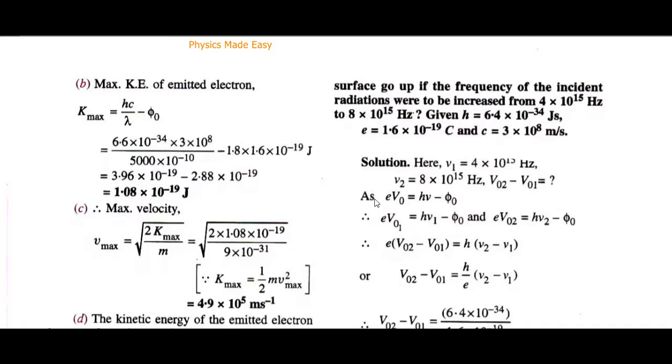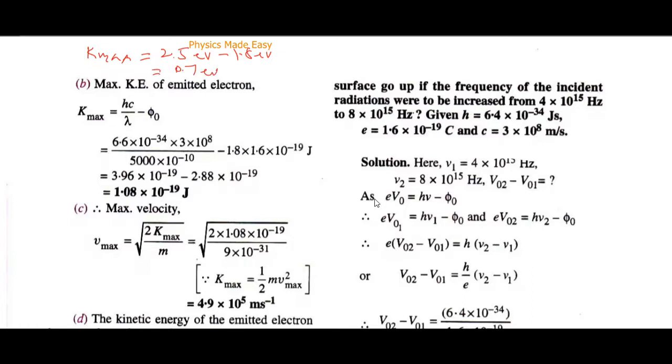K max, because 2.5 electron volt was the energy, and if you subtract 1.8 electron volt, you will get 0.7 electron volt.